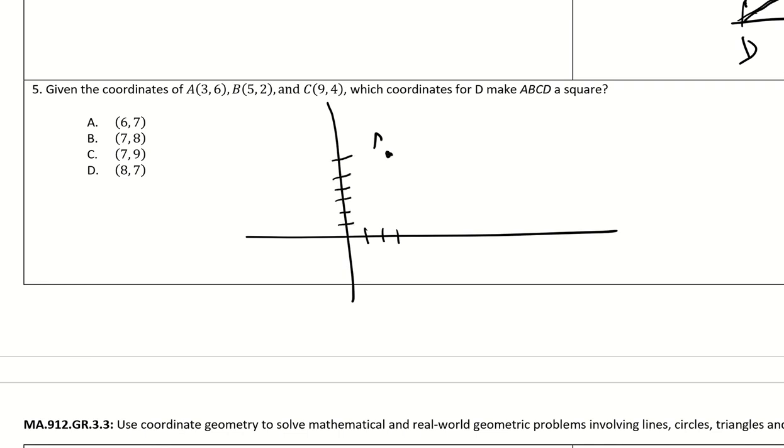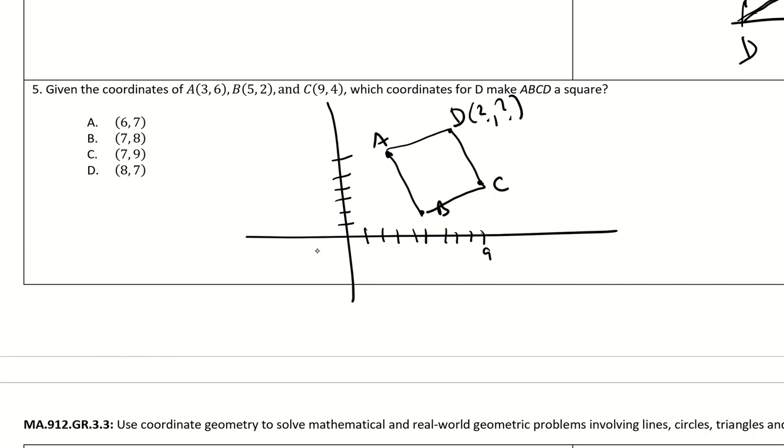So this is A. This is B. 5, 6, 7, 8, 9. And this is C. And then D is somewhere here, but we don't know where D is, right? And we know it has to be somewhere around there for it to be a square, right? So where is D going to be located?